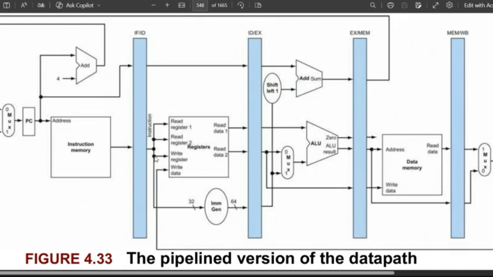We are reading the address of the first register, the address of the second register, and the address of the destination register. When we have read all these addresses from the instruction fetch, instruction decode register into register memory, we will read the data from the register 1 address, and we will read the data from the register 2 address.